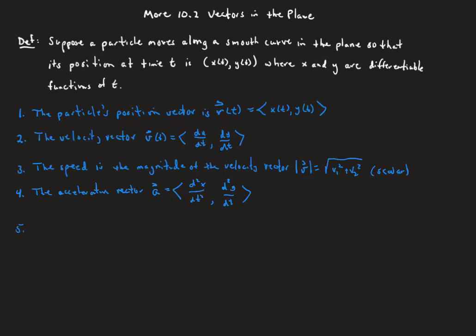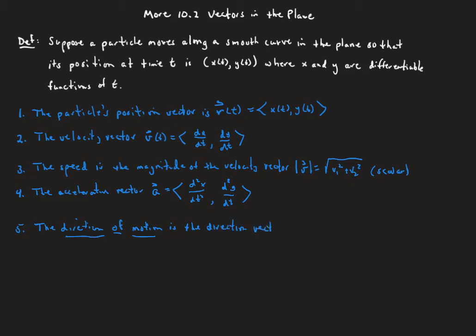And then we're going to define a fifth thing here. We're going to say the direction of motion. So the direction of motion for this particle is going to be just the direction vector, what we called earlier the direction vector.